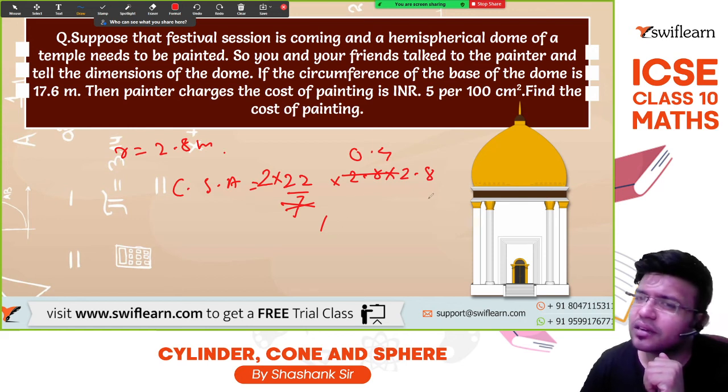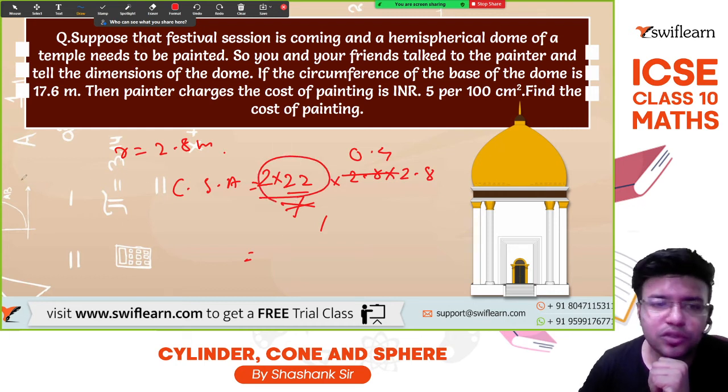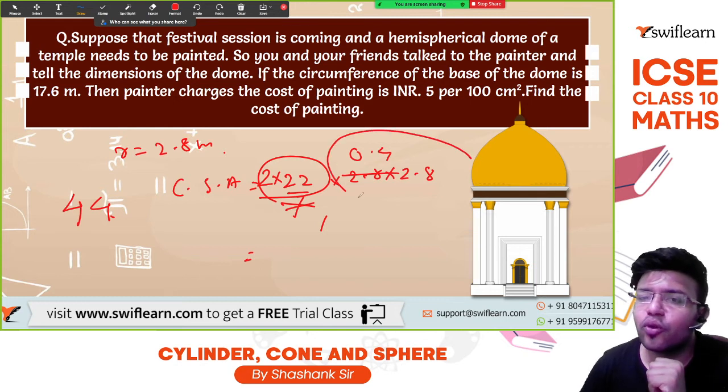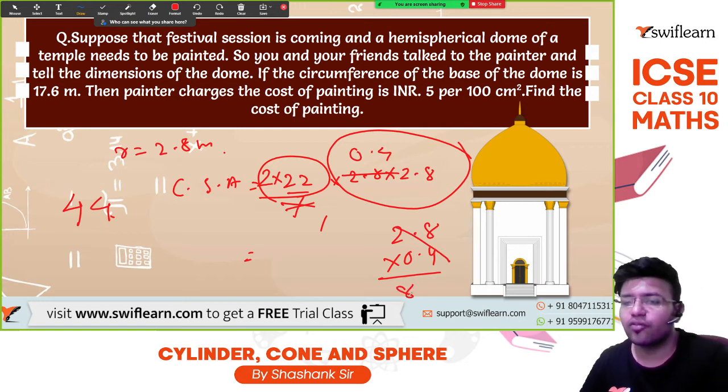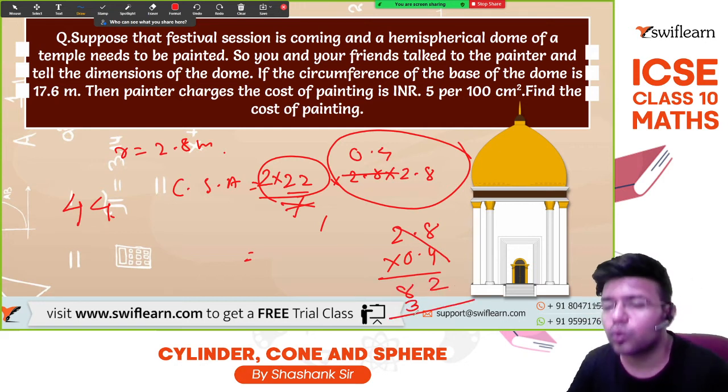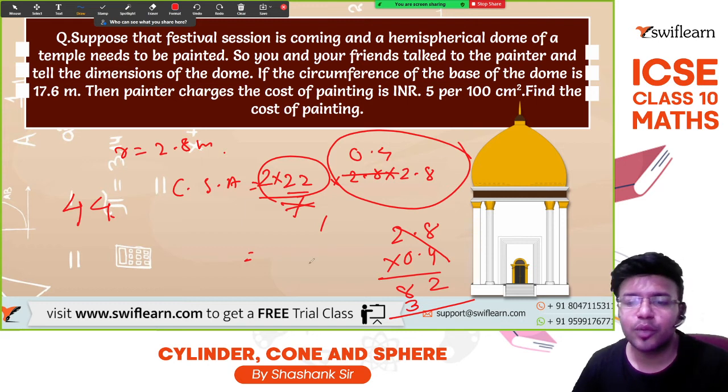Now find the curved surface area. 22 into 2 is 44. 0.4 into 2.8: 4 twos are 8, 8 fours are 32. Add them, you get 112. Decimal after two numbers, 1.12.